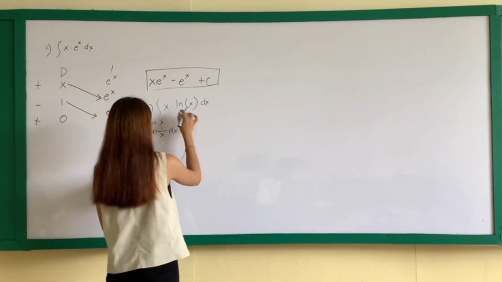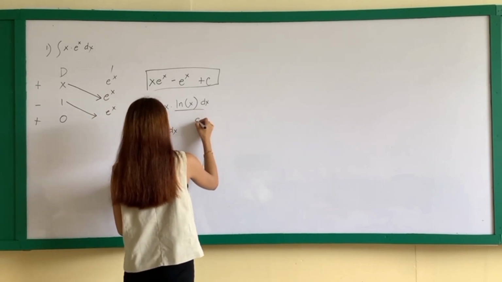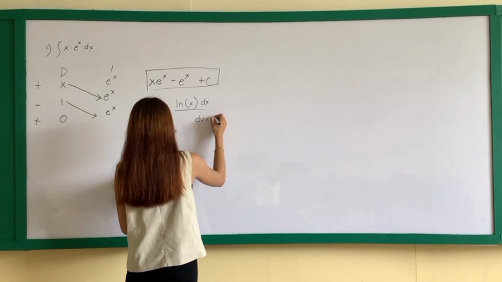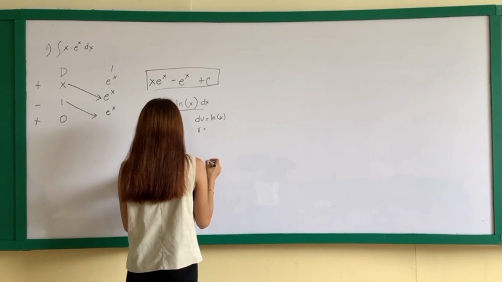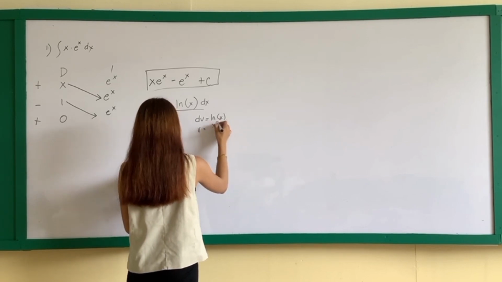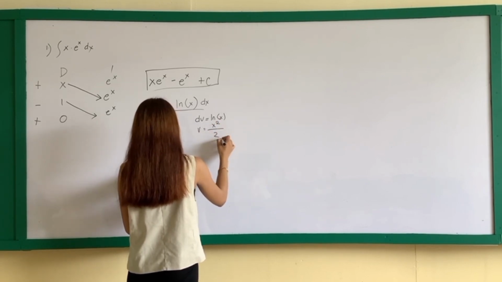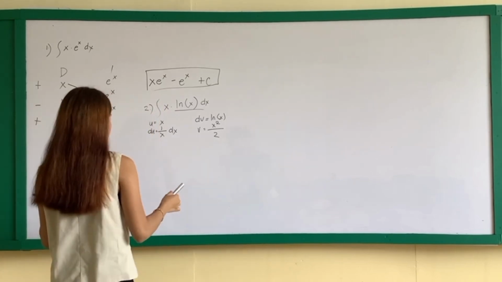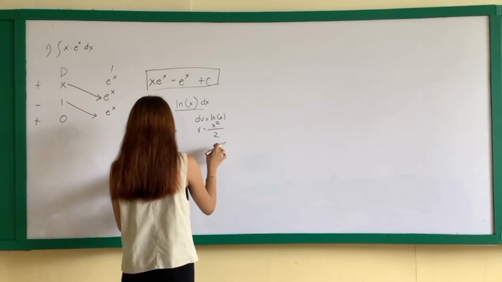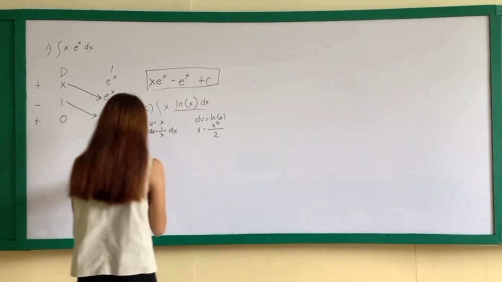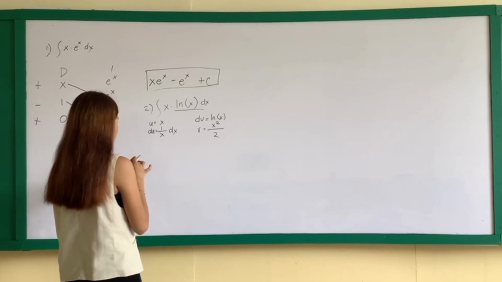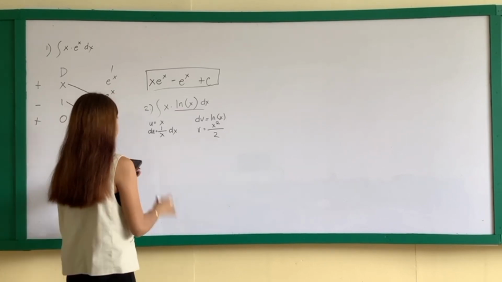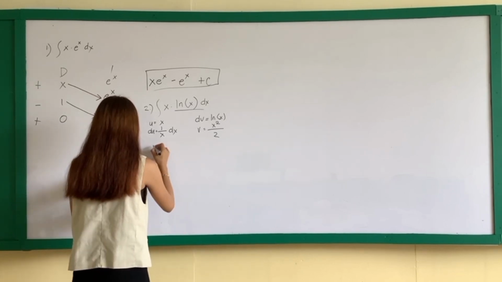And our dv is x dx. And our v is x squared over 2 because we use the power rule. And now we can use our formula for integration by parts.